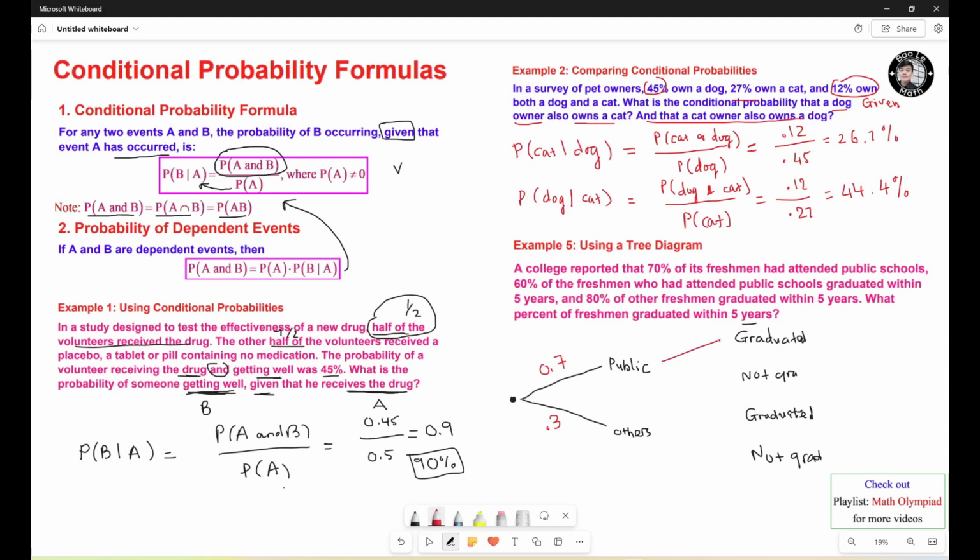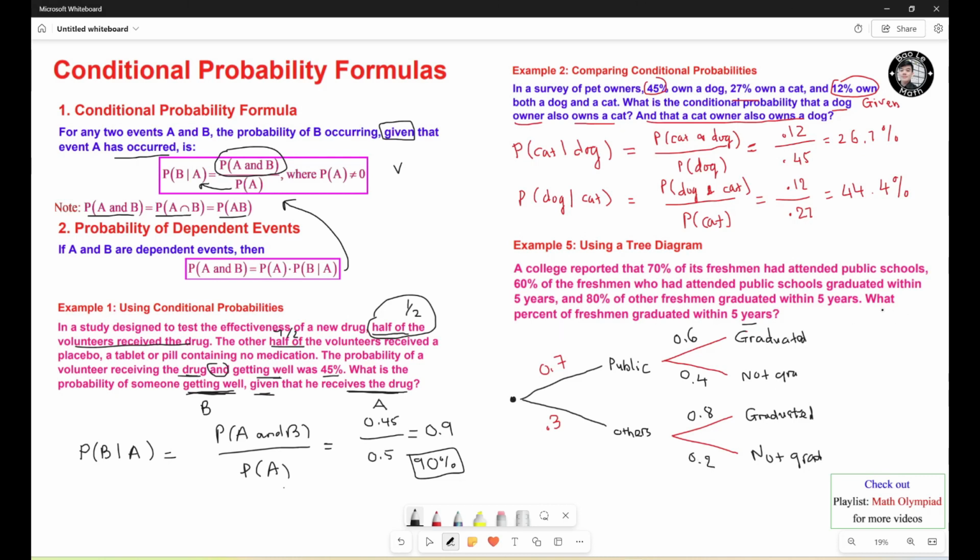So you draw a tree diagram like this, and you just put the numbers. This is 0.6, so this one must be 0.4. Now others right here: 80% of other freshmen, so this is 0.8, and this should be 0.2.